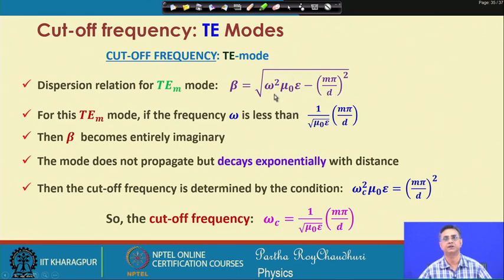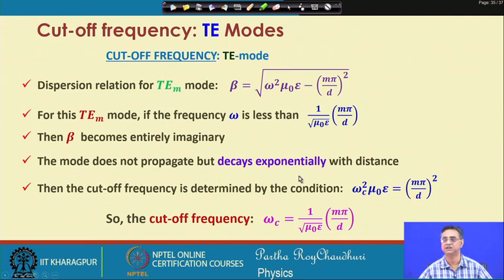If I put omega square equal to (m pi by d) square by mu naught epsilon naught, then this quantity will be less and the other will be more. That means the value of beta is purely imaginary, and the mode does not propagate, but decays exponentially.